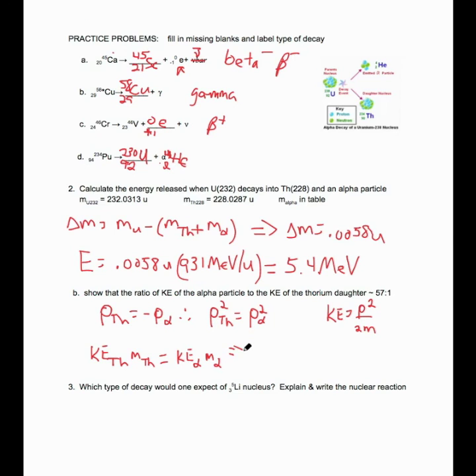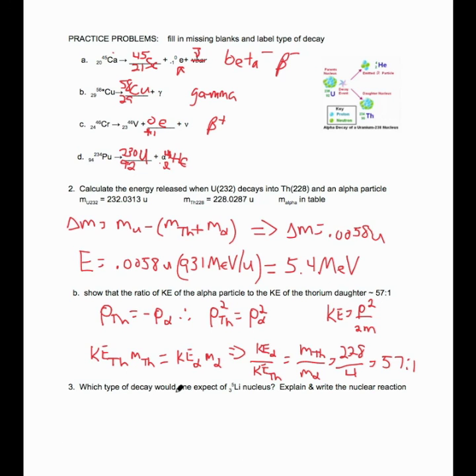And if we're looking for the ratio of the kinetic energies, then the kinetic energy of the alpha relative to the thorium is equal to the mass of the thorium divided by the mass of the alpha. So the mass of the thorium is 228, we don't need the super precise value, divided by 4, and that is 57, or 57 to 1. So 57/58 of the kinetic energy is in the alpha. Alrighty? Very, very little is in the daughter product.